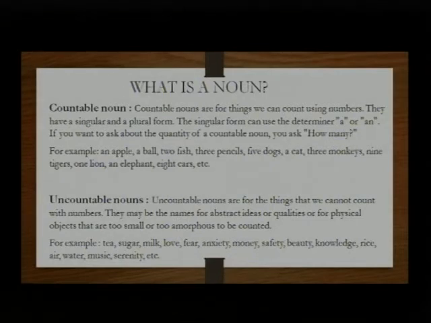If you want to ask about the quantity of a countable noun, you ask how many. For example, an apple, a ball, 2 fish, 3 pencils, 5 dogs, a cat, 3 monkeys, 9 tigers, 1 lion, an elephant, 8 cars, etc.